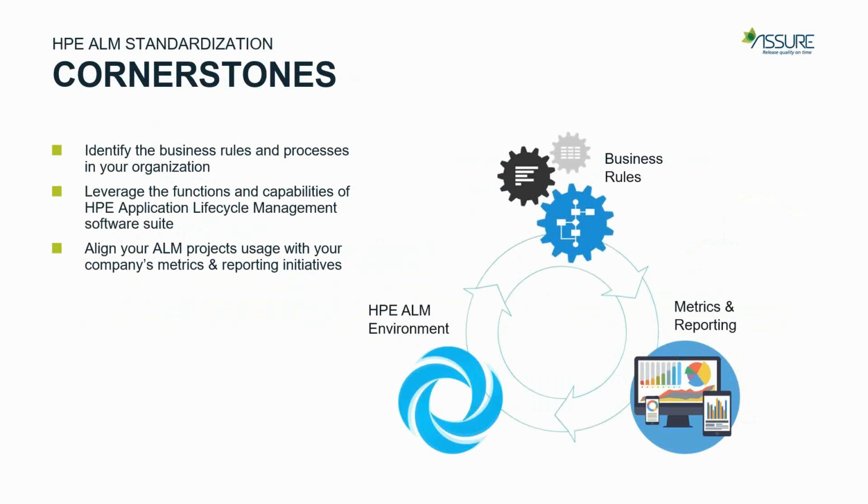Also, HPALM gives a lot of functions and capabilities for enterprise activities, such as a standardized environment, especially the ALM templates functionality. So if you're not using your ALM templates functionality at the moment, we strongly recommend that you get on board to enable a lot of good new features and functionalities and cross-project reporting, these kind of things in the HPALM software suite.